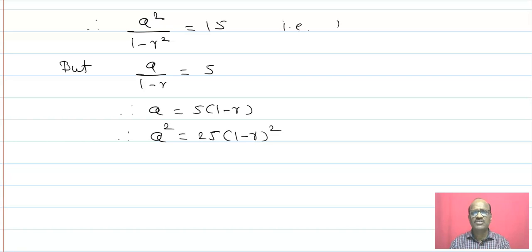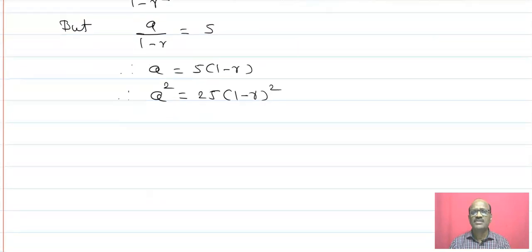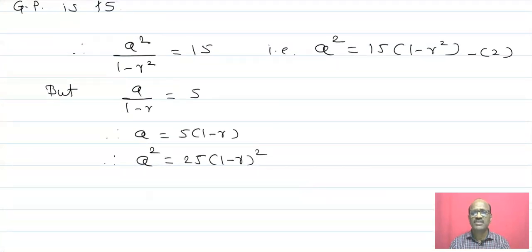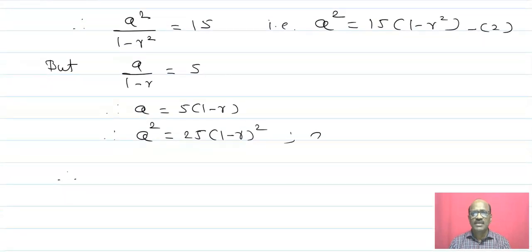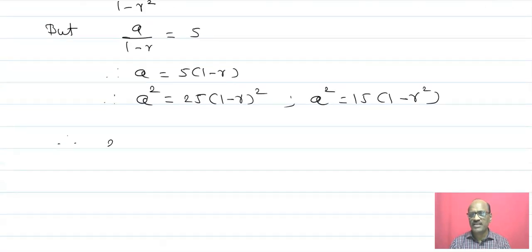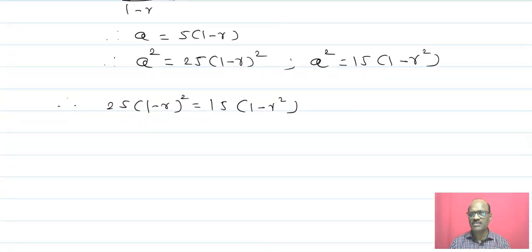Therefore a is equal to 5 into bracket 1 minus r, and after squaring, a square is equal to 25 into bracket 1 minus r squared. This is number 2: a square is equal to 15 into bracket 1 minus r square.